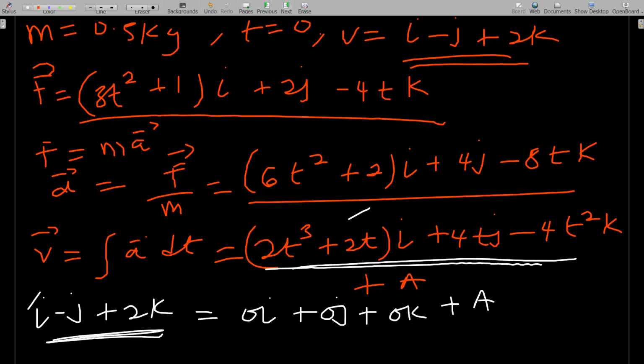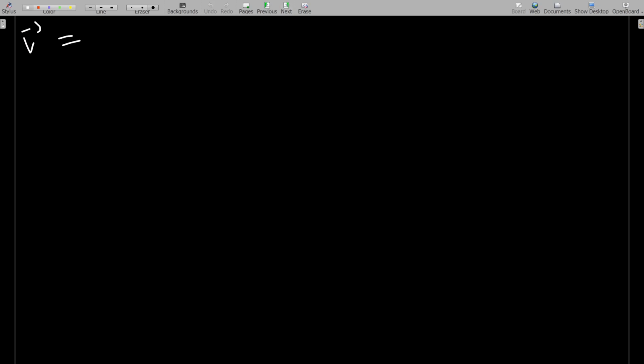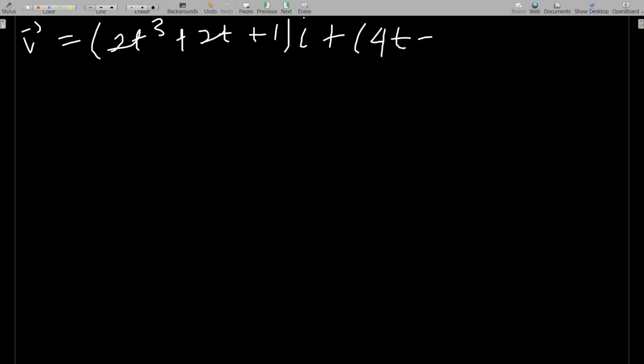Let's do that quickly, and we'll get something like 2t cubed plus 2t plus 1 i. After adding a to it, this is what you get, then j, then plus 2 minus 4t squared k.